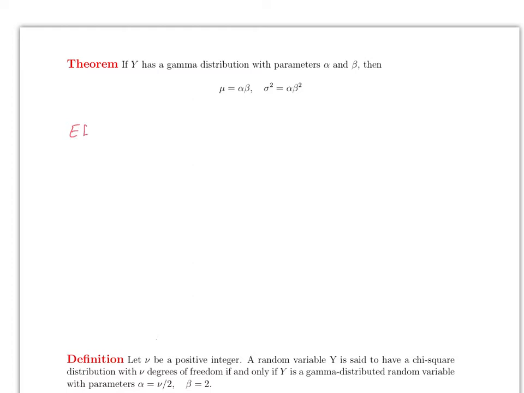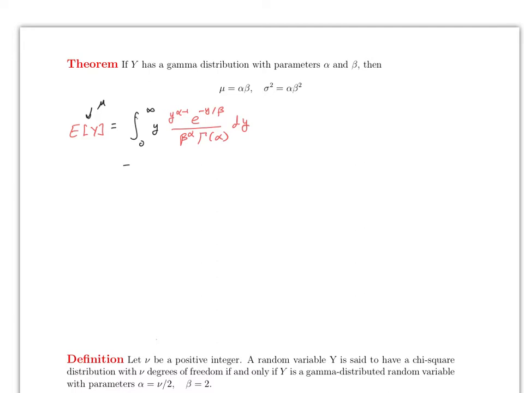Remember that the expected value of y, which is the same thing as mu, by definition is the integral from 0 to infinity of y times f of y. But in our case, f of y is y to the alpha minus 1 e to the minus y over beta, divided by beta to the alpha, and then gamma of alpha, dy.